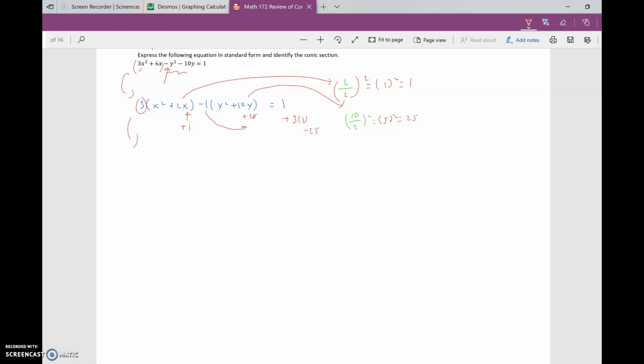Let me rewrite it: 3 times x squared plus 2x plus 1, minus 1 times y squared plus 10y plus 25, is equal to 1 plus 3 minus 25.